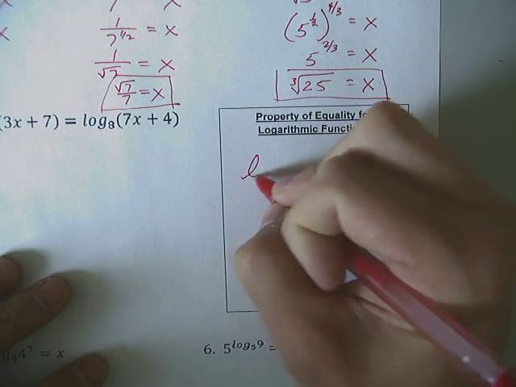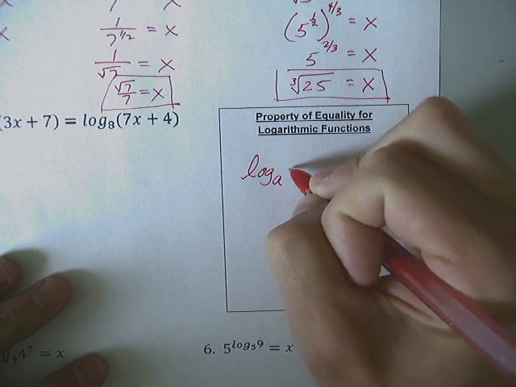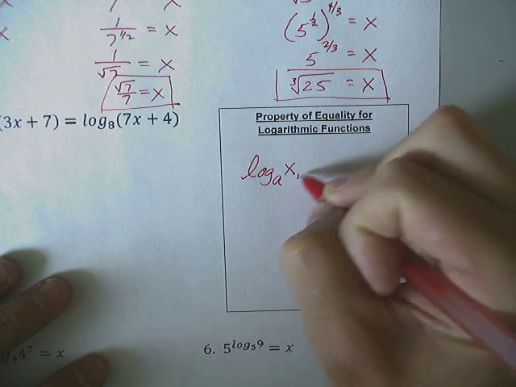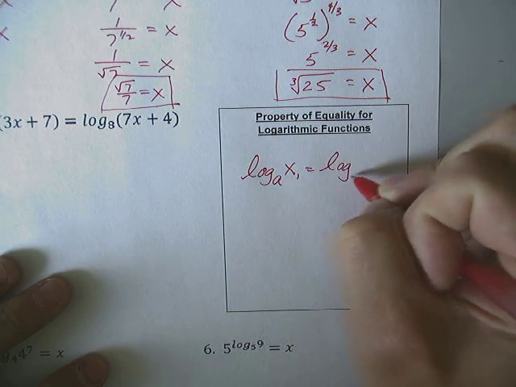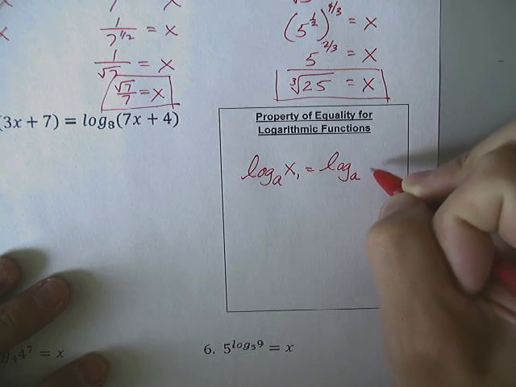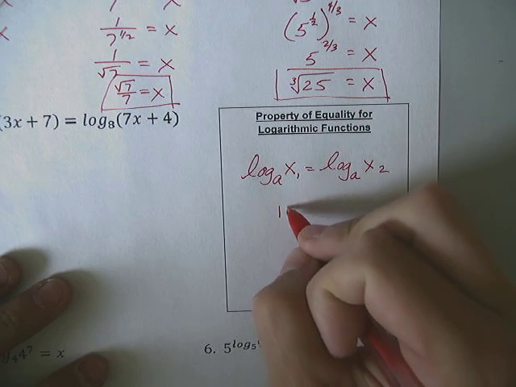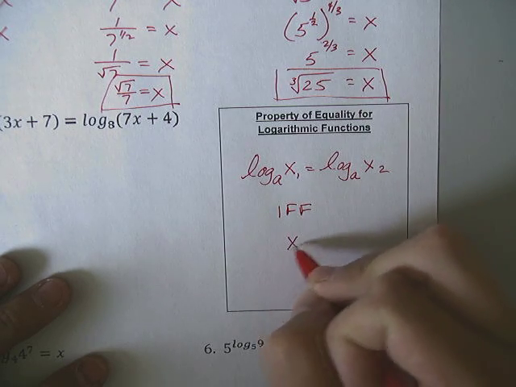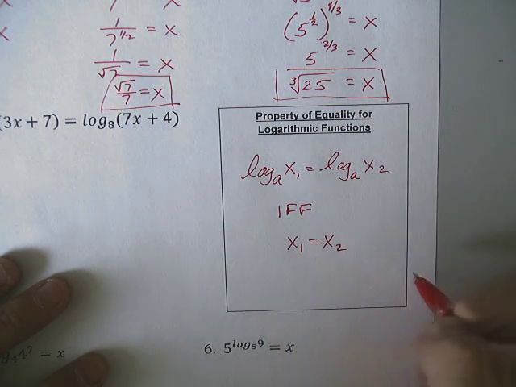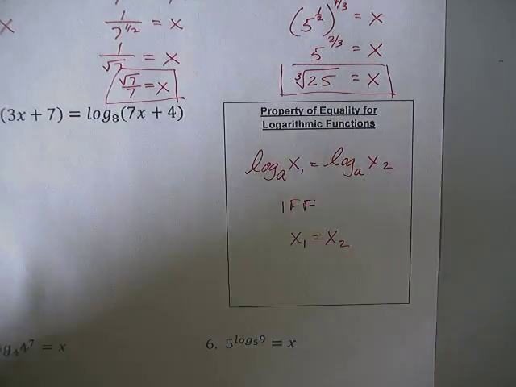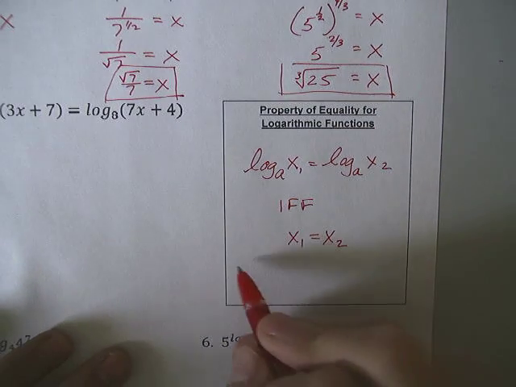And that says that if I have log base a of x sub 1 and that equals log base a of x sub 2, those two are equal to each other if and only if x sub 1 equals x sub 2. Now we had a similar property before.